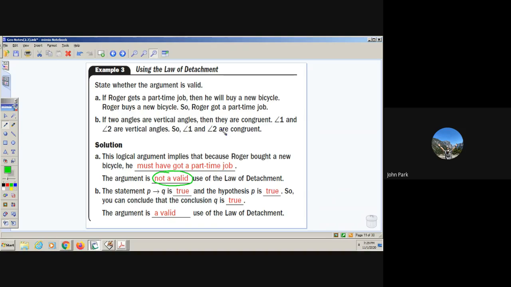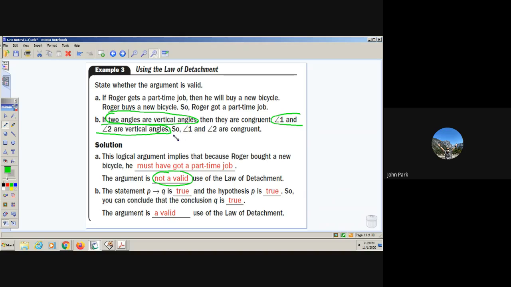So the second part is correct here. Notice that the P is two angles. If two angles are vertical angles, then they are congruent. So that's the P that I circle. You have to start with that information, something about vertical angles. So notice I'm telling you that angle 1 and angle 2 are vertical angles. So I'm starting with the information about the P, about the hypothesis here.